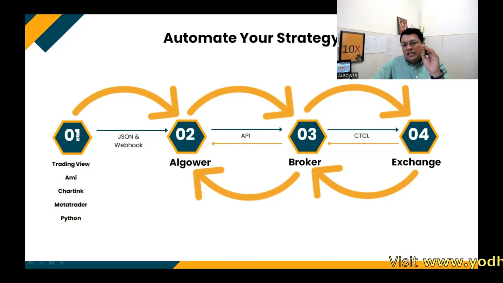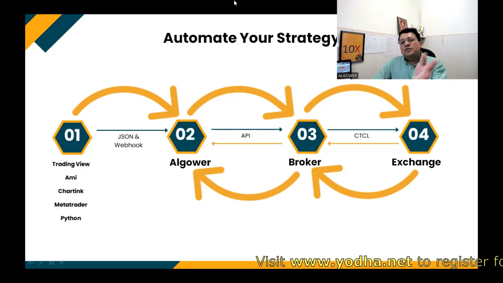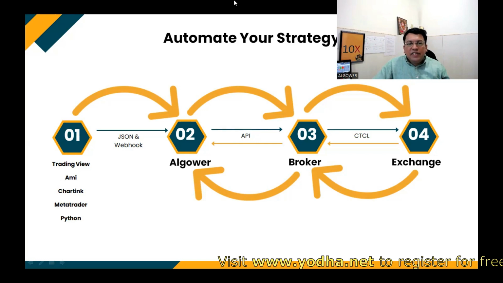Whatever signals are generated from TradingView, for example, it has to pass to Algover. Here the problem is, TradingView will be generating a signal in its own language, and Algover knows another language which can pass to the exchange, right? So what we need is something called JSON, right?